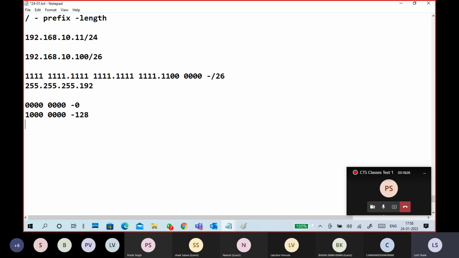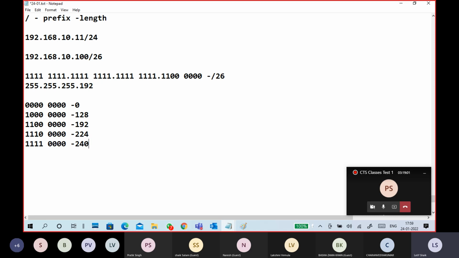So that's 128. The binary equivalent is 192. Then 224, I think. Then 240. Sorry, mistake.